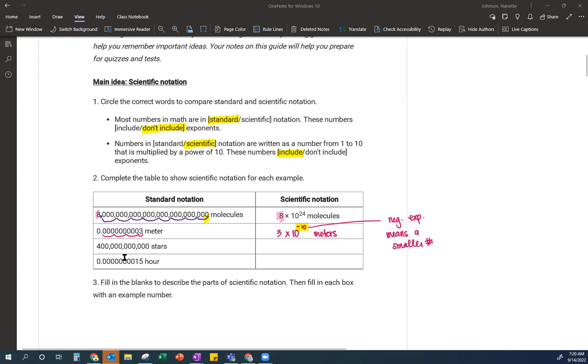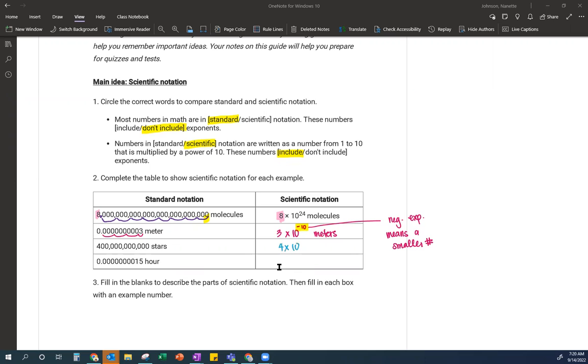Now here, because this number is a big number, I'm going to expect that this exponent is positive. That's what my brain is saying. And similarly, this is going to be a small number, so it's going to have a negative exponent, right? So this first number, I already know it's going to be 4 times 10 to the something, because you see my 4 right there. That's my digit.